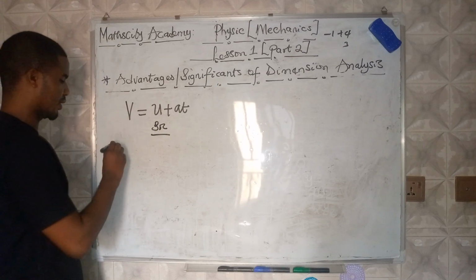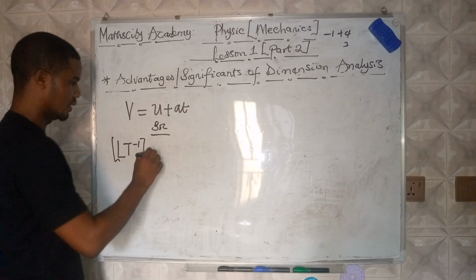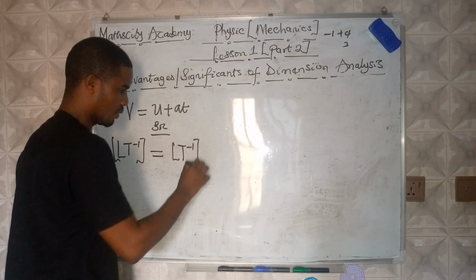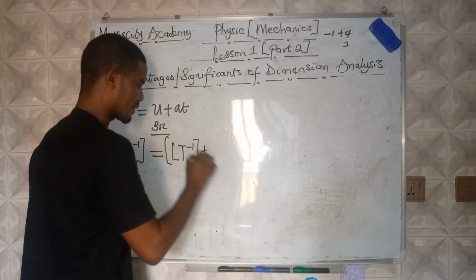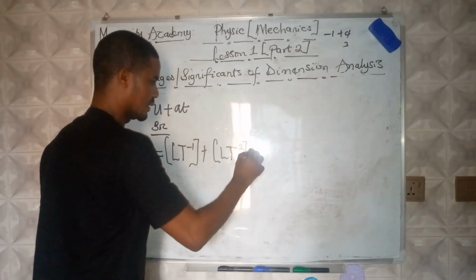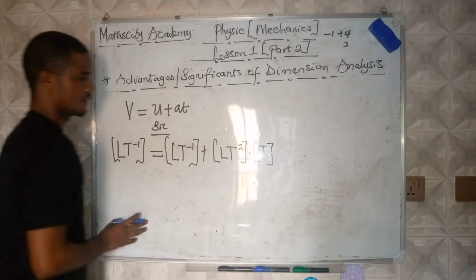The dimension for velocity is LT^-1. This is initial velocity, LT^-1, plus this is acceleration, LT^-2, times this is time, T. I simplify.